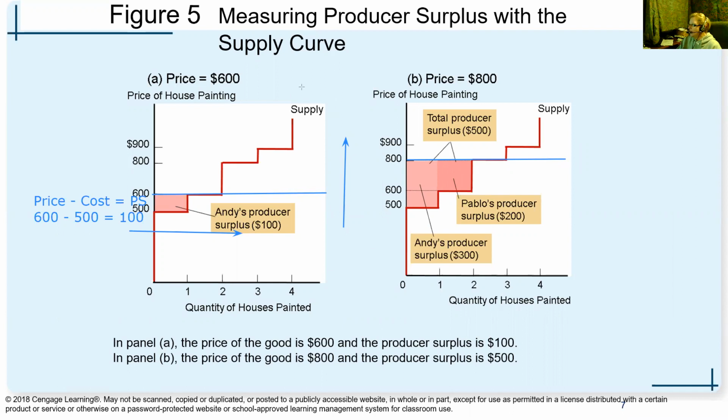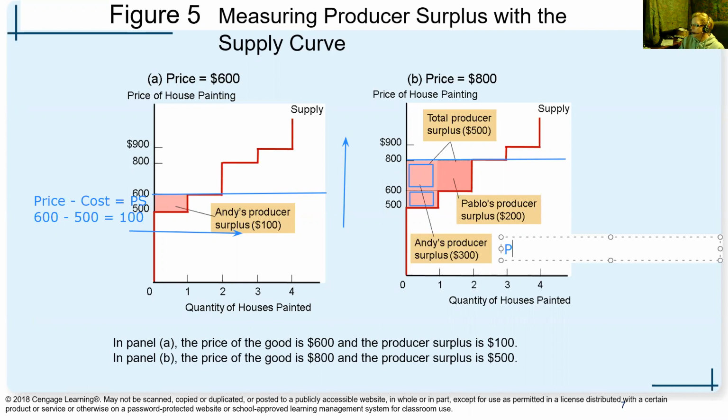So the first thing that I want to look at here is the $100 producer surplus that we initially had. We are now adding to Andy's producer surplus by this rectangle right here. So I'm going to show you how to calculate that. How did we end up with Andy's producer surplus of 300?